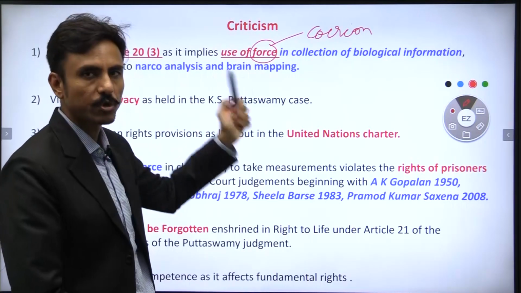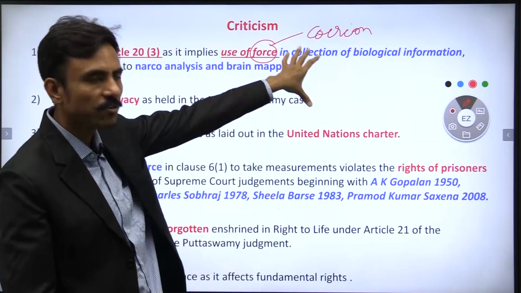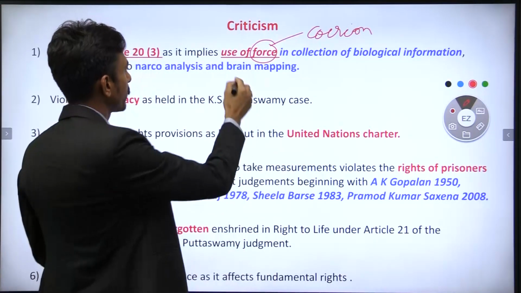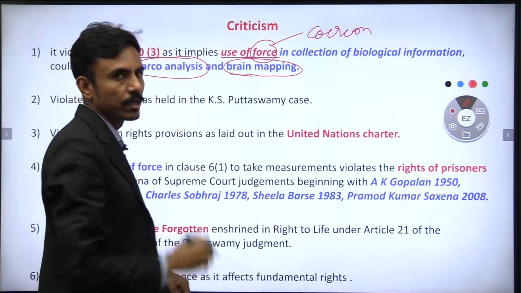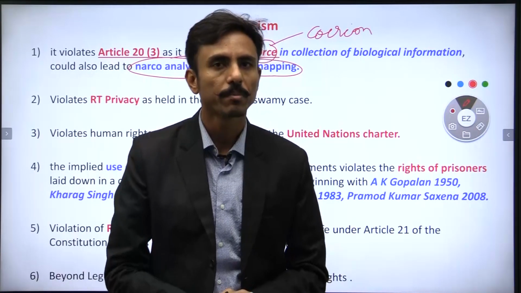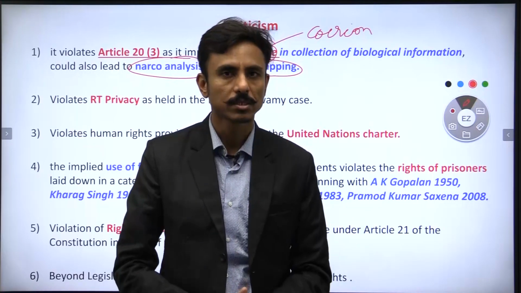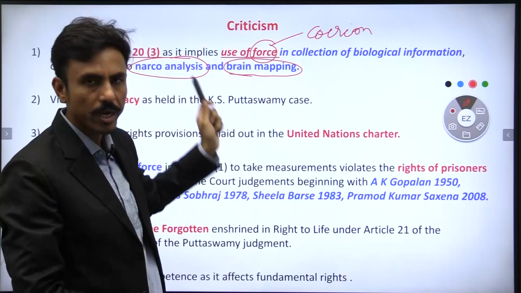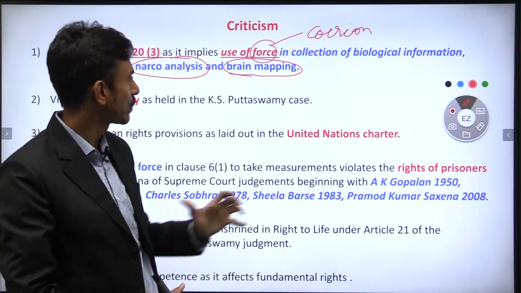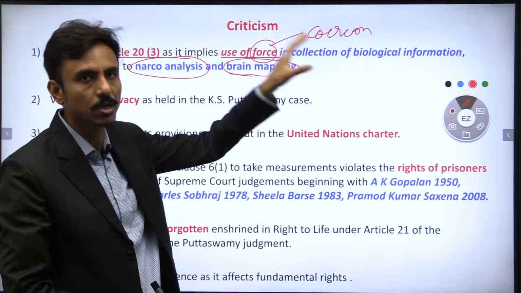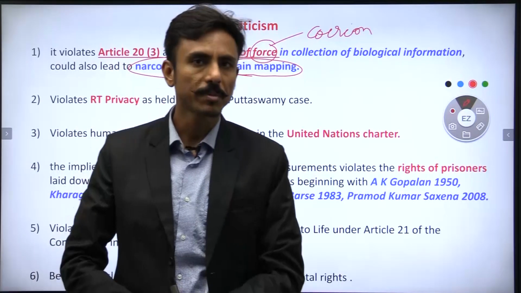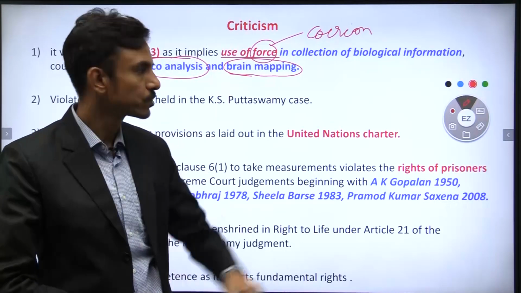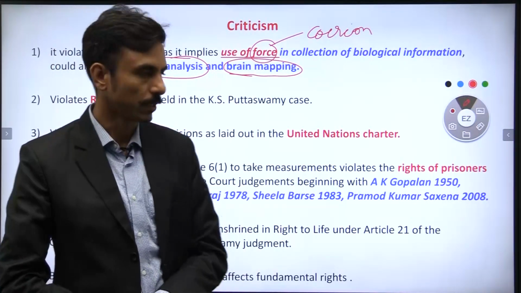Therefore, it violates Article 20 Clause 3, and the collection of biological information may also lead to narco analysis and brain mapping, which have been banned by the Supreme Court except in some extraordinary circumstances. So if you are doing narco analysis or brain mapping, then it violates Article 20 Clause 3 except in some extraordinary circumstances. In this way, the opposition believes the Criminal Procedure Identification Bill, which is being tabled in the Lok Sabha, violates Article 20 Clause 3. I hope it is clear.